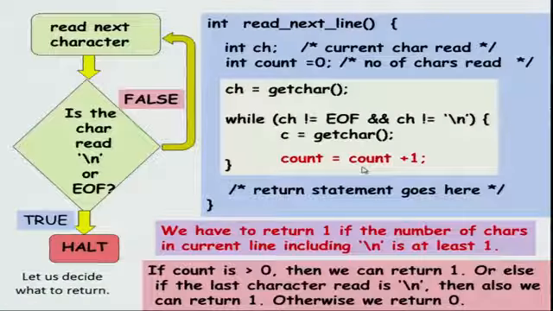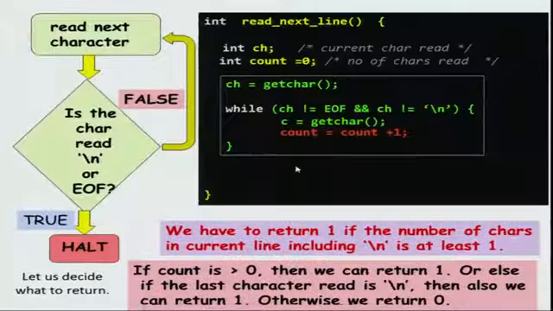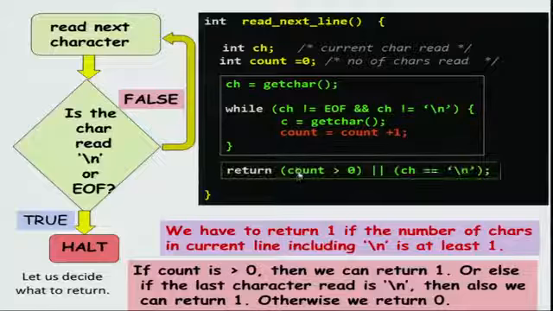So, how do we do that? We can check whether at least a character has been read by just checking the value of count. So, if count is greater than 0, then at least one character has been entered. Otherwise, for example, we can also say that if the user has just entered a blank line, then also we can say that one more line has been entered. Okay. So, that is up to the way you want to do it.